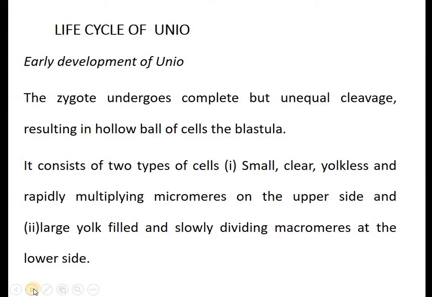Now, in the life cycle of Unio, last class we discussed till the formation of the zygote. What happens here in the case of Unio? The female releases the eggs from the ovary, and these eggs do not come out of the body of the Unio.